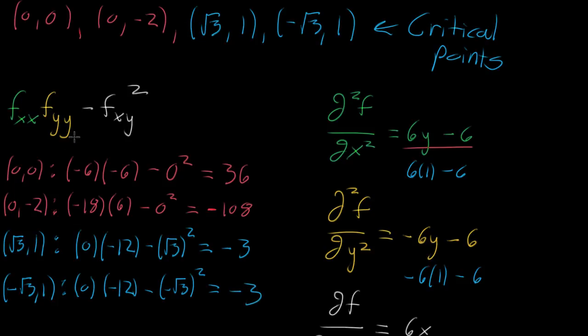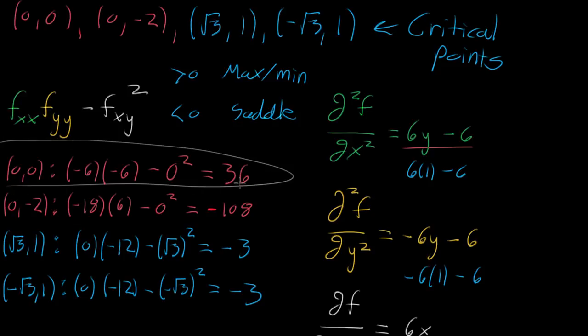So what does this second partial derivative test tell us? Once we evaluate this expression, if it's greater than 0, we have a max or a min. That's what the test tells us. And if it's less than 0, we have a saddle point. In this case, the only term that's greater than 0 is this first one.